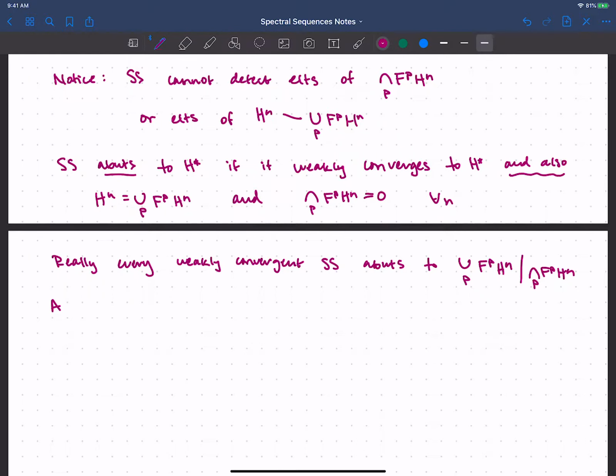Okay, and then with that, he can say when a spectral sequence converges. And so a spectral sequence converges to some cohomology if it abuts to the cohomology. So we've got this union condition and the intersection is 0.